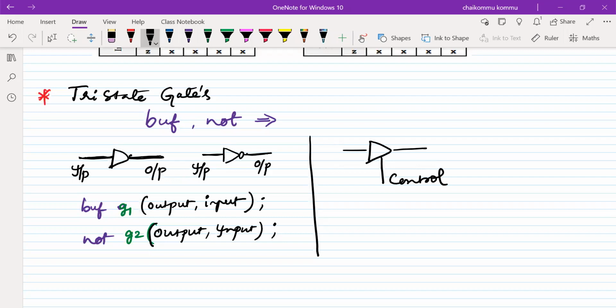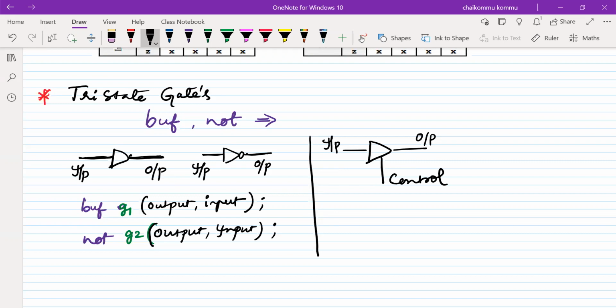But tri-state buffers are not like that. Even if you apply changes at the input, they cannot be considered as an output signal unless the control signal is active. If the control signal is active, only then will the changes at the input be transferred to the output signal. So these are called tri-state gates.